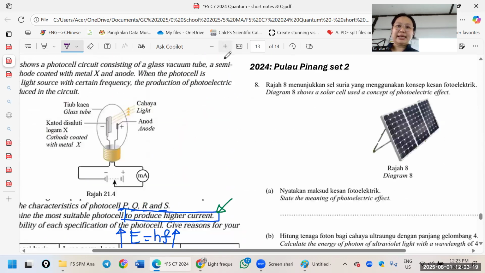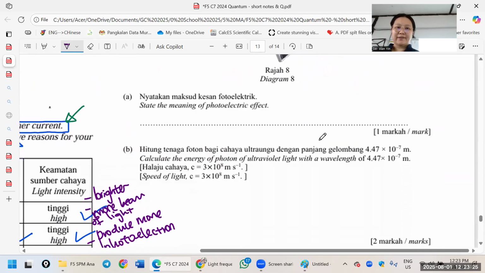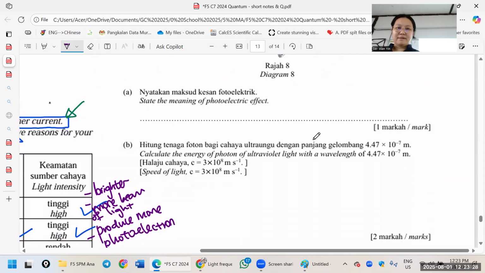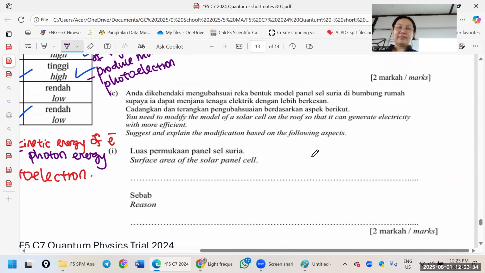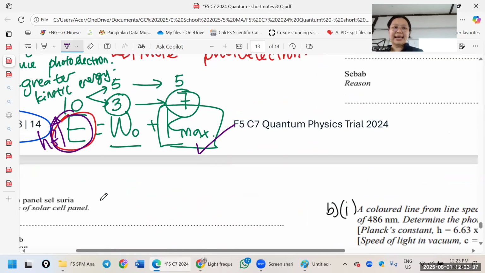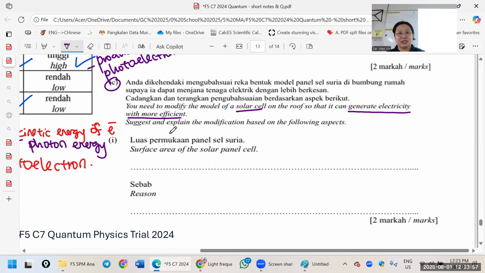Okay, now look at this. Solar panel cell, this one you calculate yourself. Now look at the seed, just beside. 来，魏忠，为什么转过去？Modify the solar cell so that it can generate electricity more efficiently.